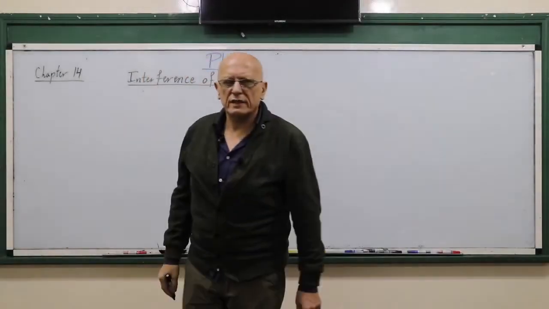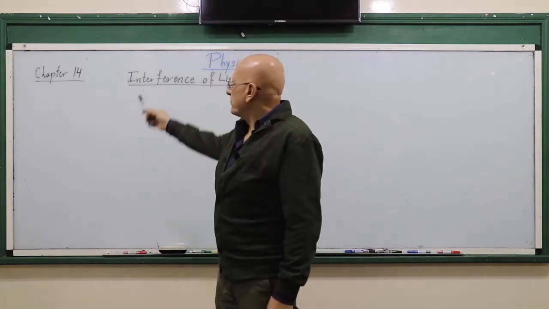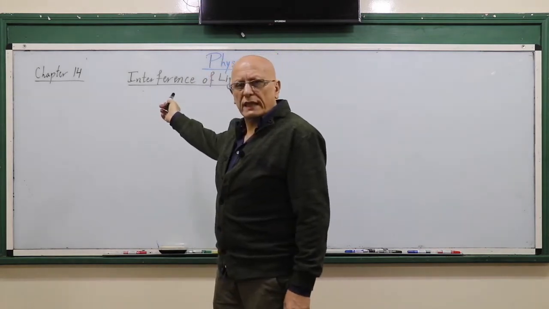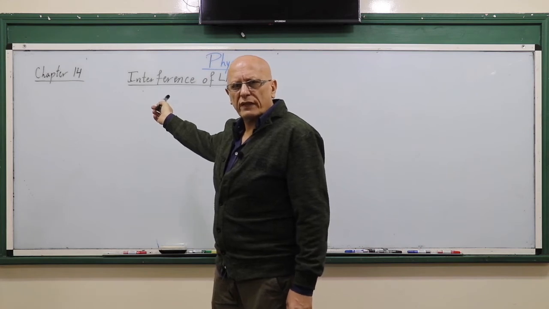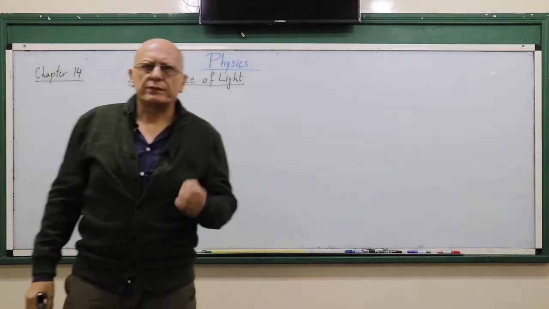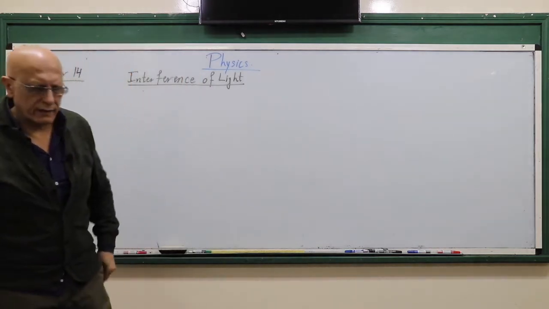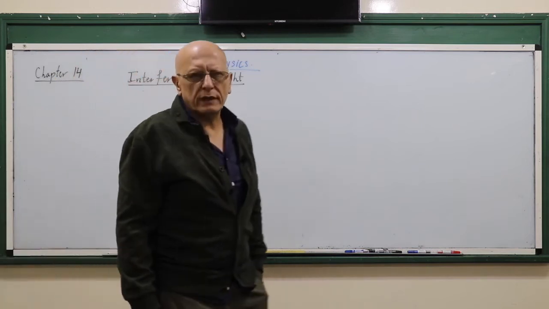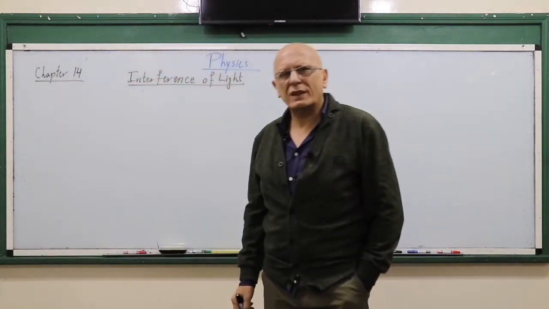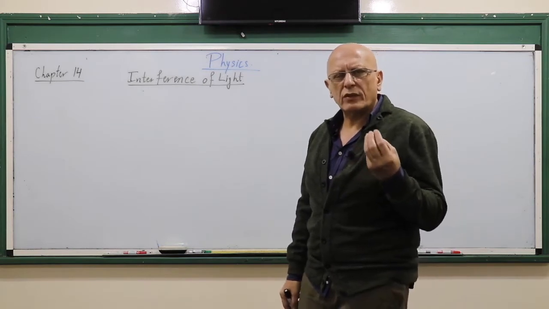Hi, in this session we are going to study chapter 14, which is about interference of light. In studying interference of light, there is an important physical quantity which is called the optical path of light.